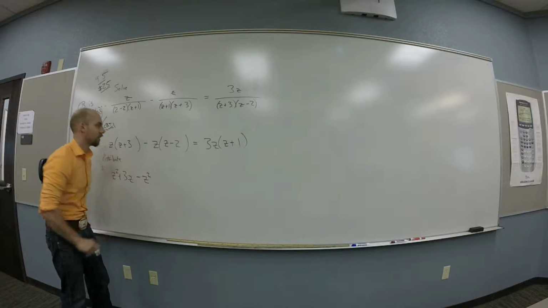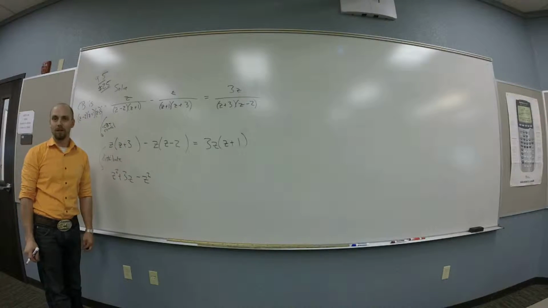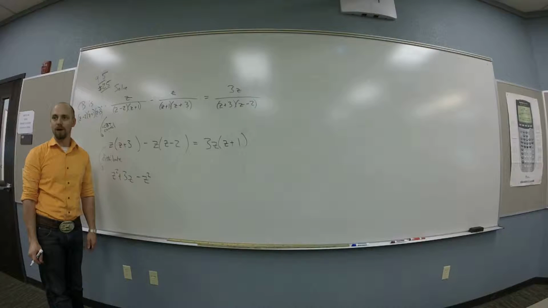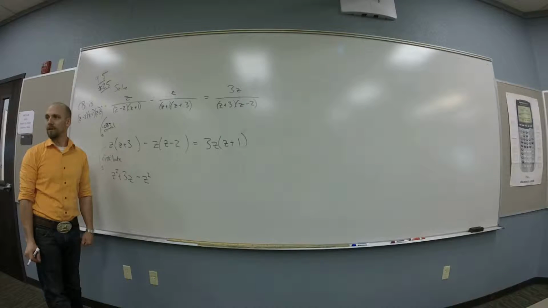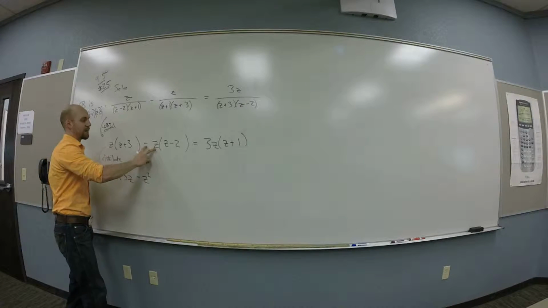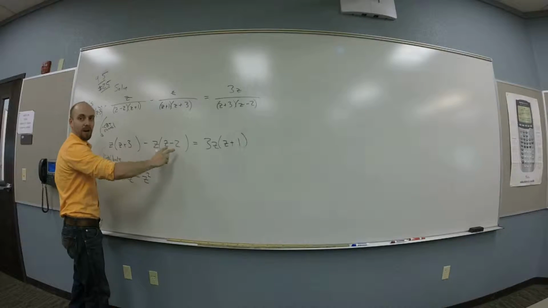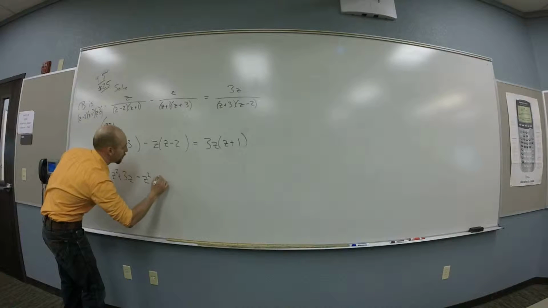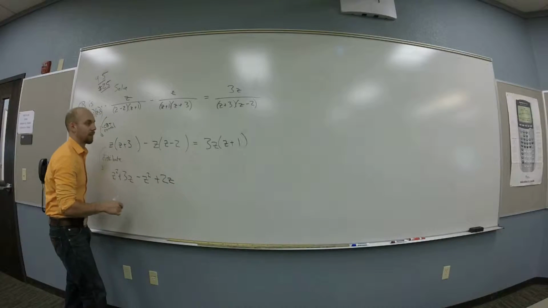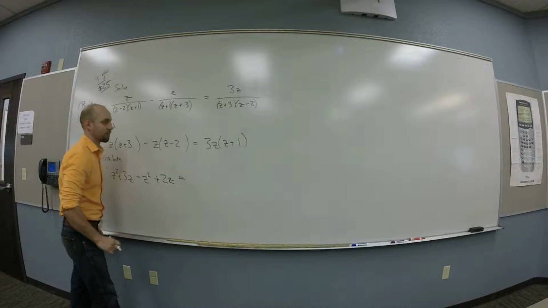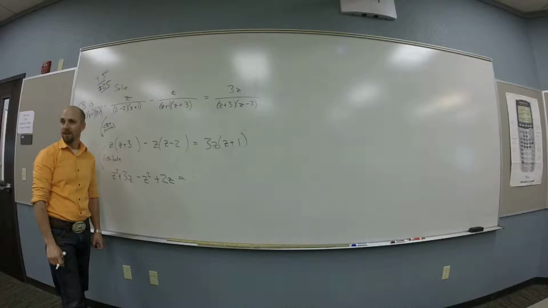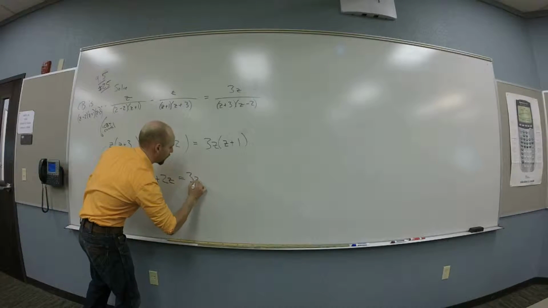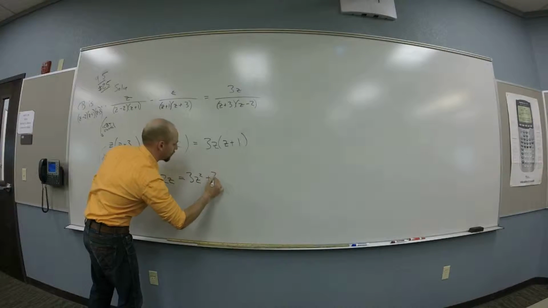Minus Z squared, I'm down with for sure. Plus 2Z? Why? It's two negatives. Yeah, I need this negative to distribute, right? So I'm distributing both the Z and the negative. So I should get a plus 2Z. And that's going to equal, what do I get on the right-hand side? 3Z squared plus 3Z.